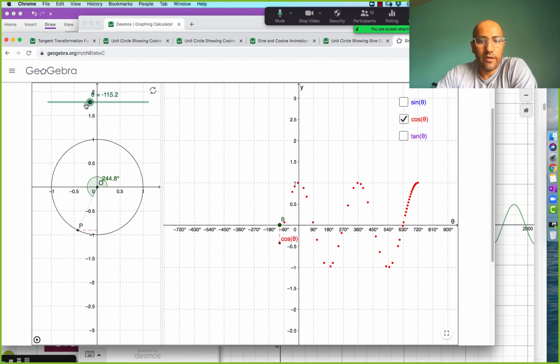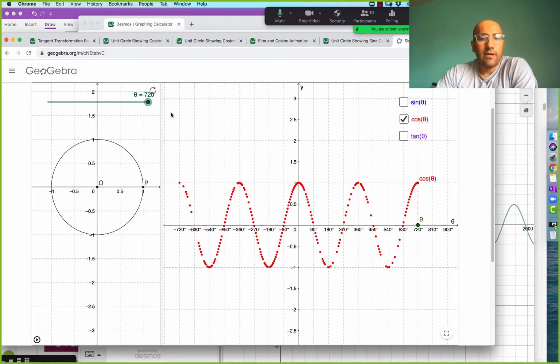So we can go from there and trace it all the way back to here and retrace it all the way here. Any questions? So one period of the cosine function starts here, comes back down, comes back up there, and that's one period, and then it begins to repeat itself.